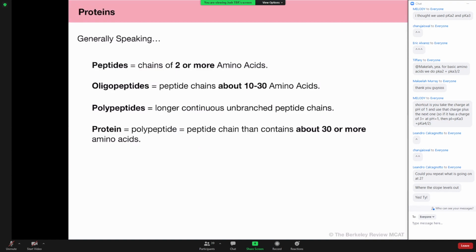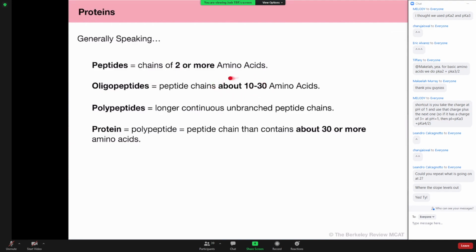Generally speaking, this might seem obvious, but let's align ourselves on protein nomenclature. A peptide is anything with 2 or more amino acids, right? An oligopeptide, if you see this in a passage, is anything with about 10 to 30 amino acids.